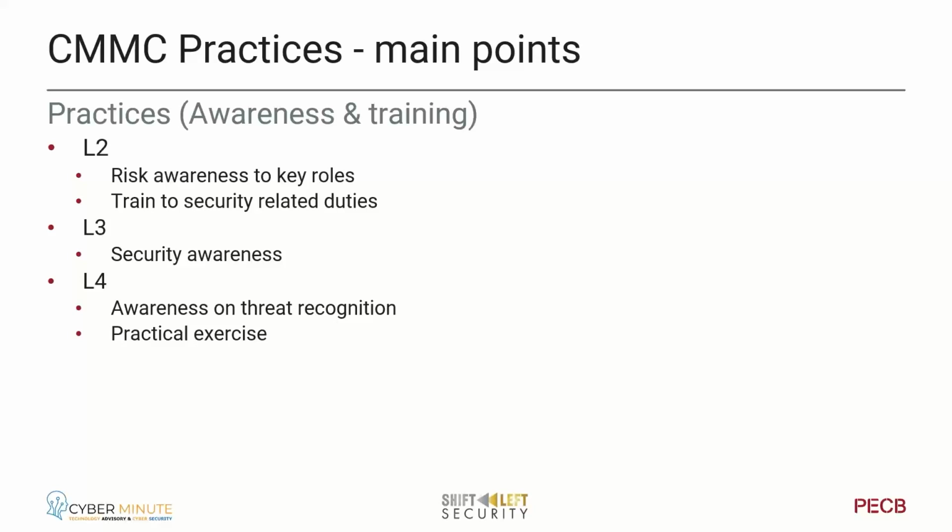That when we think there's a breach, we know what to do when we see suspicious behavior, either when we log on to a system or when we see somebody piggybacking at the server room. We need to be able to know that. And of course, that there are practical exercises, meaning we have phishing campaigns.